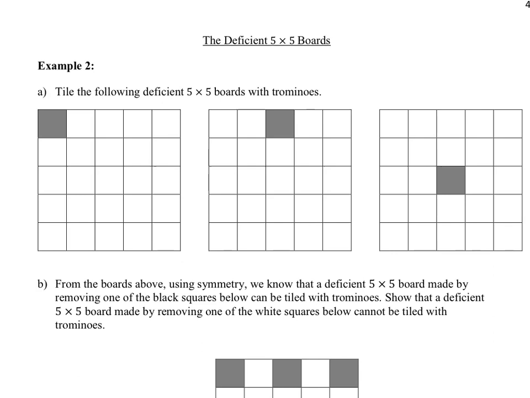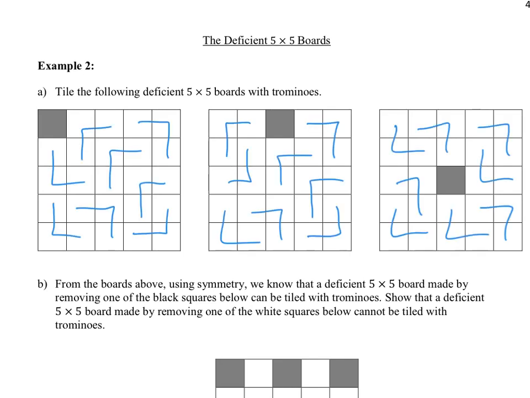So give this a try, see if you can fill up the rest of the spaces here with Trominoes. Pause the video now, we'll give you the solution in a moment. Okay, so those scenarios are possible.